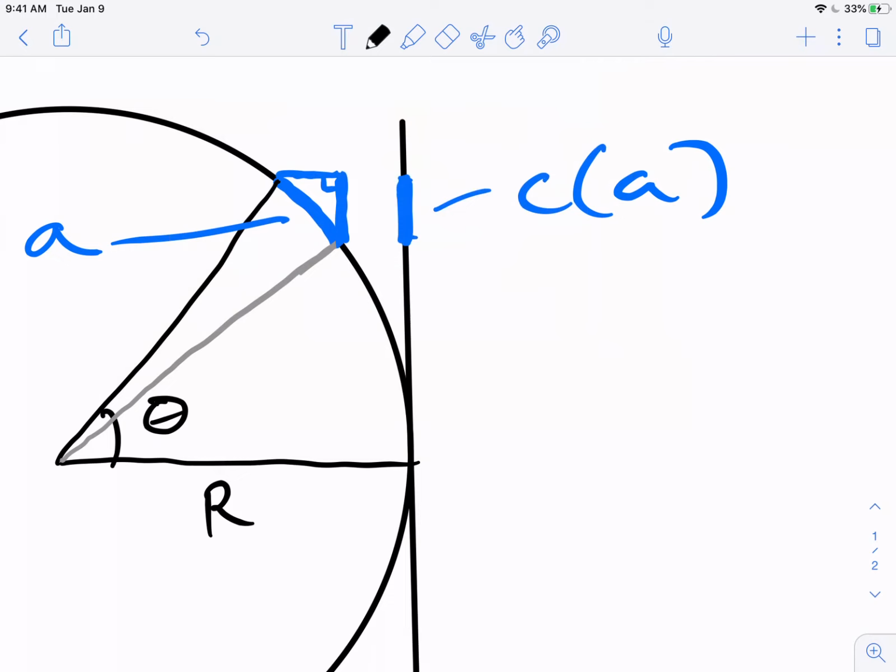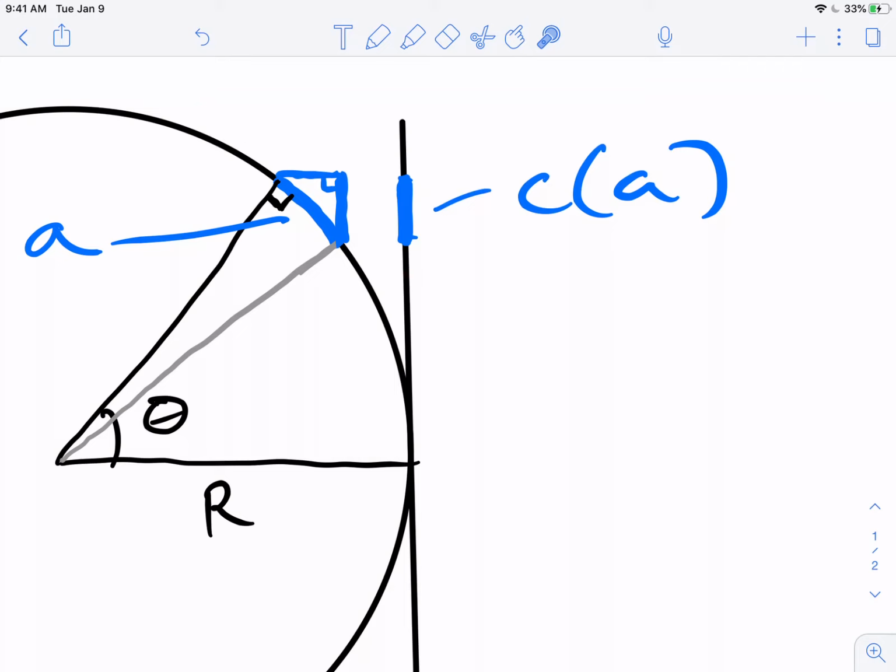The final thing I will leave you with as a hint is that this is also a right angle here, because this line from the center of the Earth to the outside is exactly perpendicular to the tangent of the sphere here.